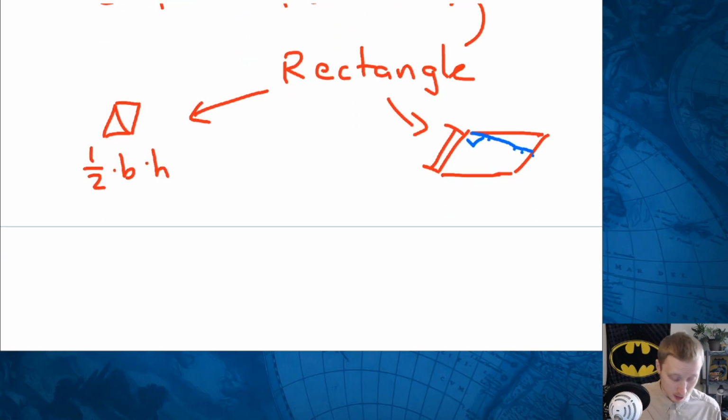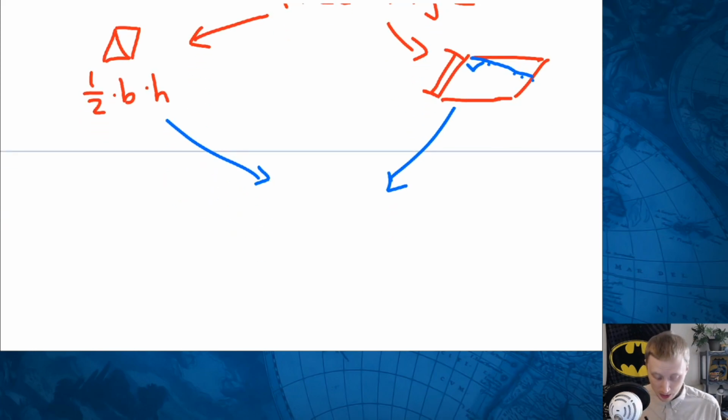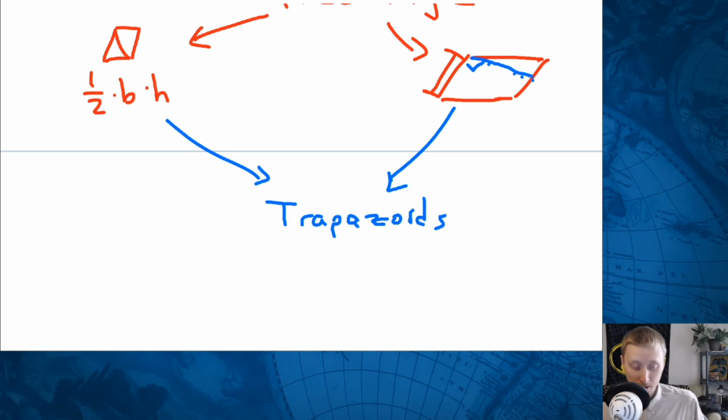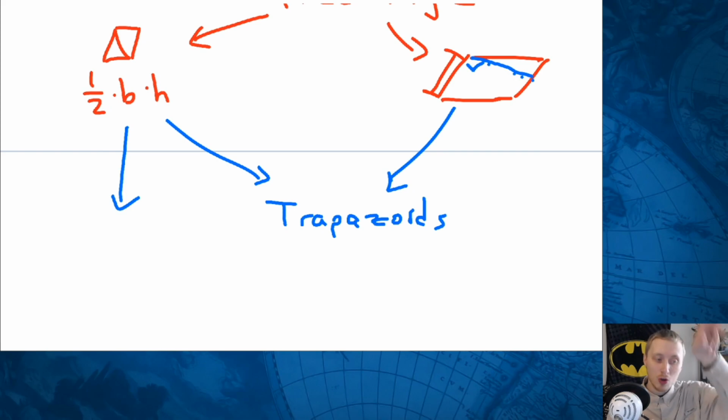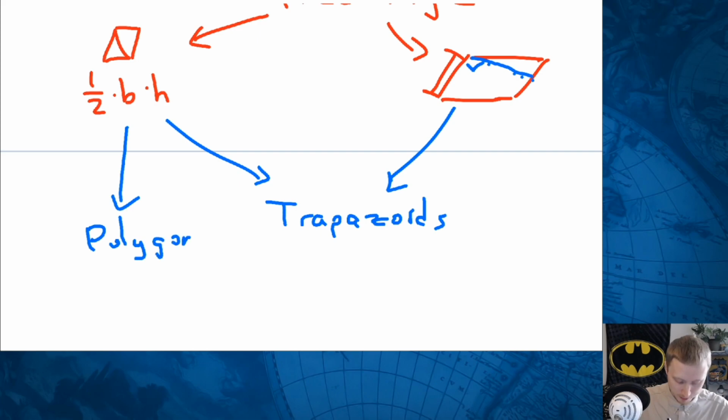What else we got? You could combine those two shapes together, right? Putting triangles and rectangles together. That's how you get trapezoids, right? You can stick a whole bunch of triangles around a central shared vertex point, and you end up with all kinds of polygons.